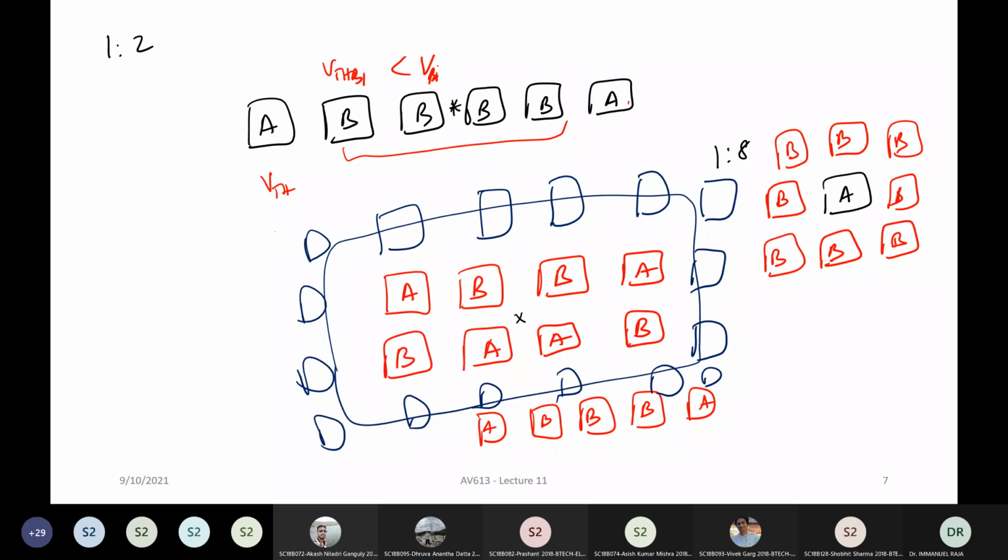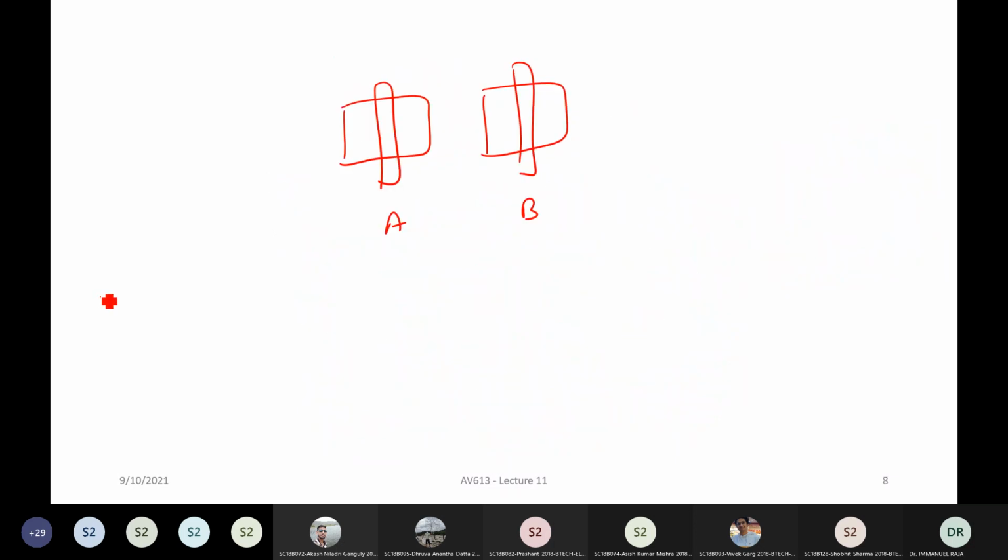Now, why is it happening? It is because of what is called random dopant fluctuation, sometimes acronymized as RDF, which means that it's a random variation. You can't do anything about it.